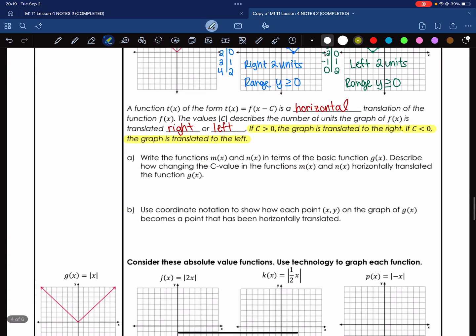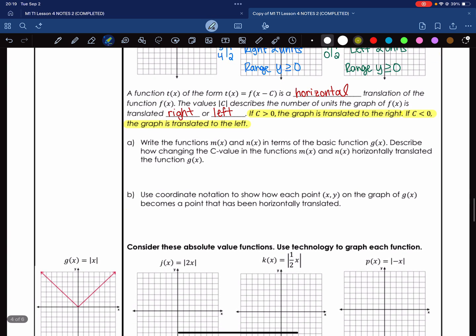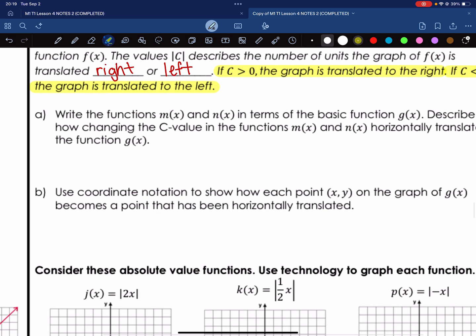Okay, so what we're going to do is write the functions m of x and n of x in terms of the basic function and describe how the changing c value in the functions m of x and n of x horizontally translates the function. We've already done that second part up above, so we're just going to rewrite it here.